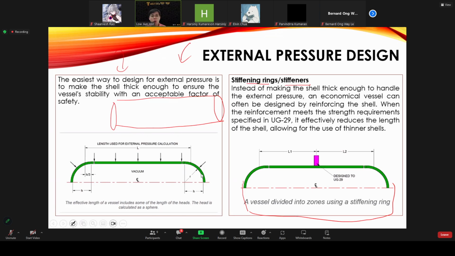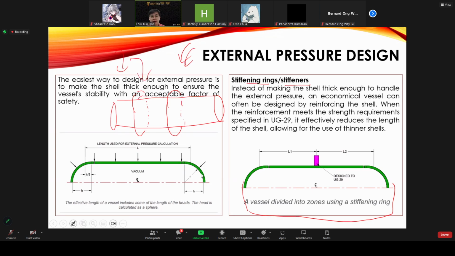Then what will happen is you will install a ring on the outer surface of the pressure vessel here in order to provide the extra strength in order to assist the pressure vessel here to withstand the external pressure.